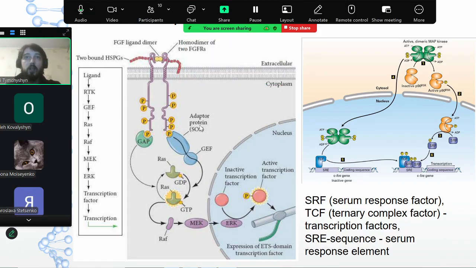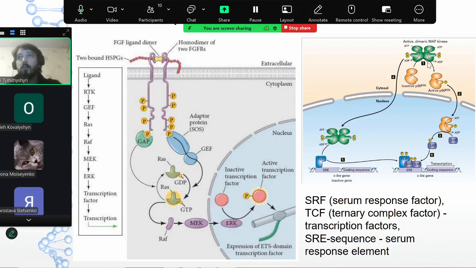Here you see some adapter proteins, some GAPs, and that influences the pathway in the cell. Here you see this pathway shown on the right: ligand, RTK, GF, GF to Ras, Ras to Raf, Raf to MEK, MEK to ERK, ERK to transcription factors, and transcription factors activate transcription.